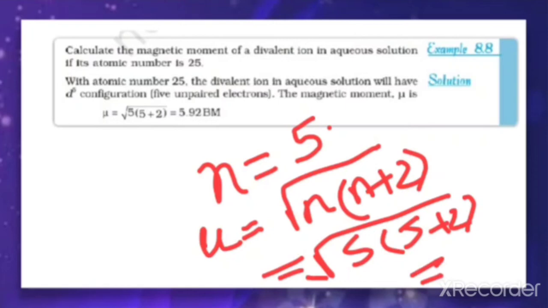And no need to solve it, I told you directly you can come up with the answer. When n is equal to 5, your answer will be 5 point something. Now what is that? 5.9. So that is the answer. 5.92 BM. Don't forget to keep the unit BM. So we'll be getting the answer in this way.